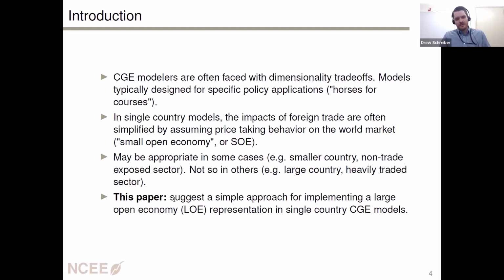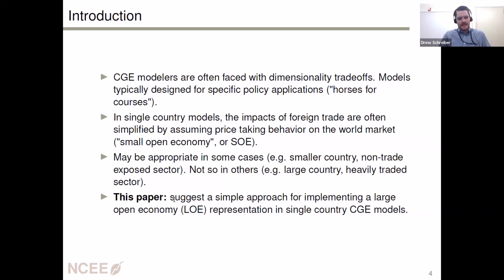And in single country models, the impacts of foreign trade are often simplified by assuming price-taking behavior on the world market. This is the so-called small open economy assumption, or in this presentation, I'll refer to it as an SOE model.